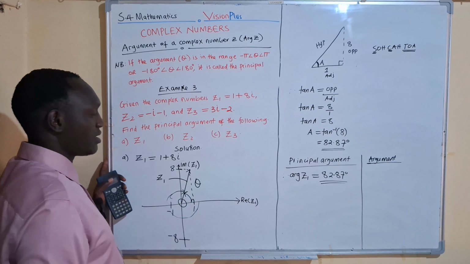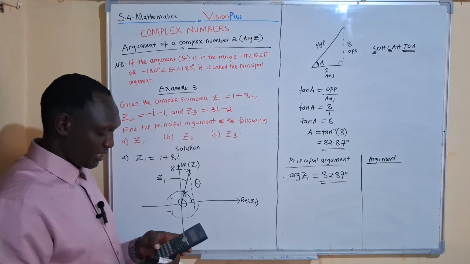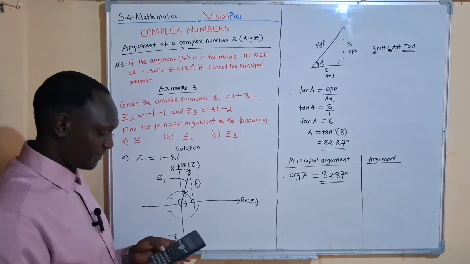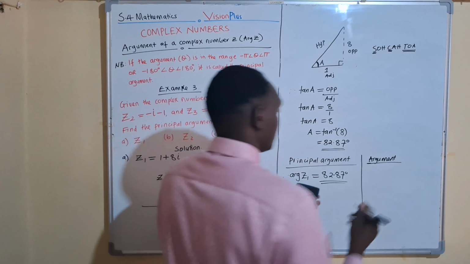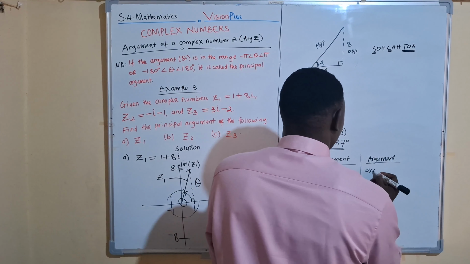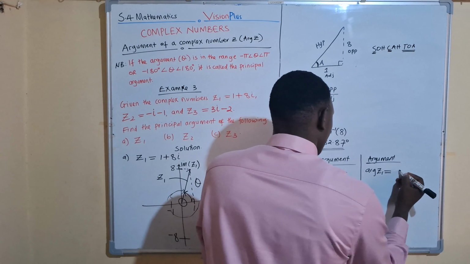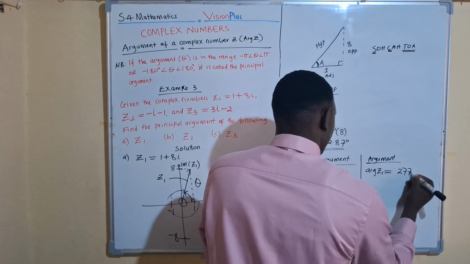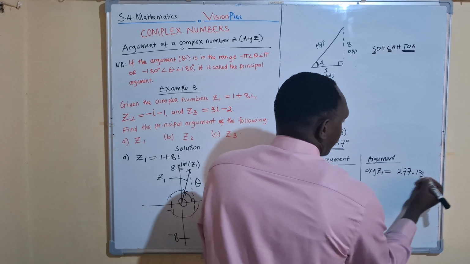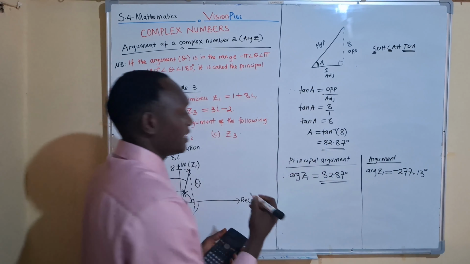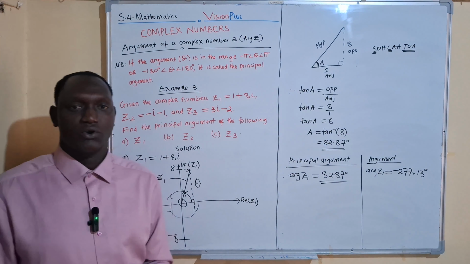That is clockwise, which means we would say 360 minus 82.87. So the argument alone of z1 would be 277.13 degrees. But we are going to put the negative here, to show that it was taken clockwise.